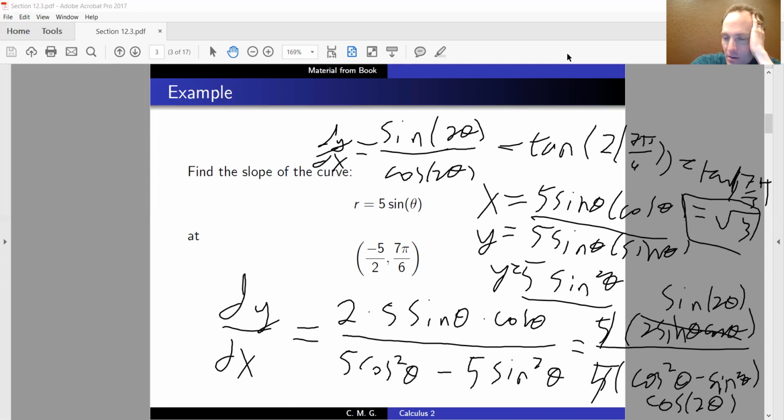So what we end up getting here is a pretty nice thing. It's sine of 2 theta over cosine of 2 theta, and I could also just plug things through. I get a bunch of 1/2s and root 3s over 2s and cancel what I can. And lo and behold, what I get is just this root 3. Okay, cool.